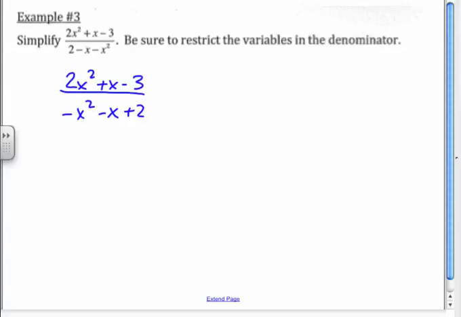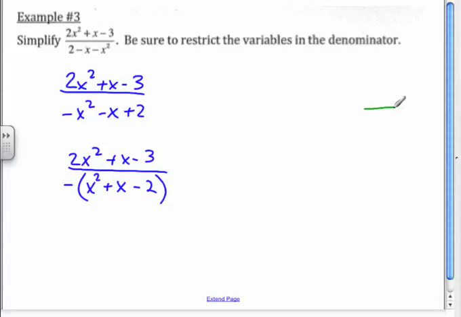Okay? So I'm actually going to rewrite this again, 2x squared plus x minus 3 over negative, and I'm going to put this in parentheses, x squared, and all the signs change because we took out the negative. Now, guys, you'll remember from first grade that we can take a negative and write it on the bottom, out front, or on top.